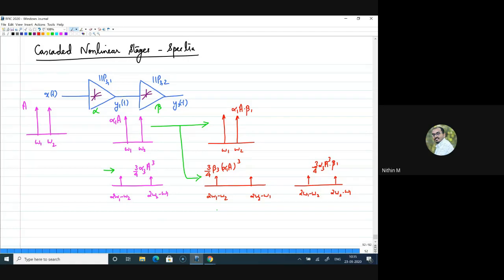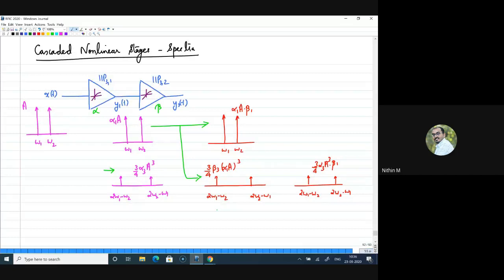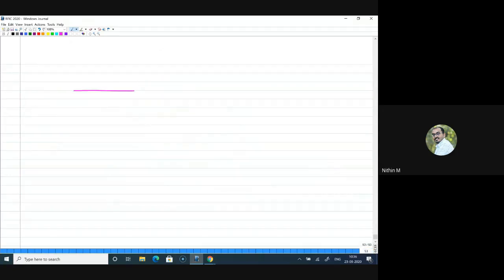Okay, so I'll explain that. What Siddharth was saying is, we definitely have such frequency terms. Say for example, let me go to the next page. What I'm drawing with this pink color is the first stage output and red color is the second stage output.